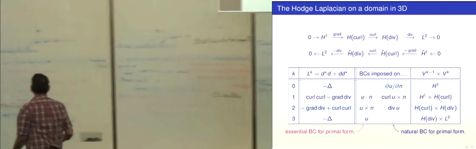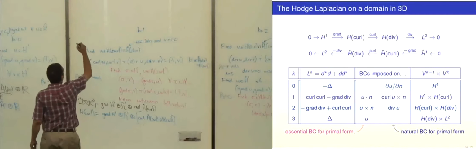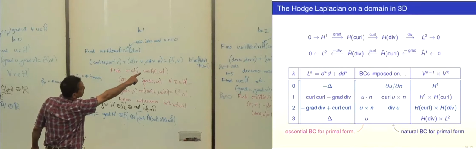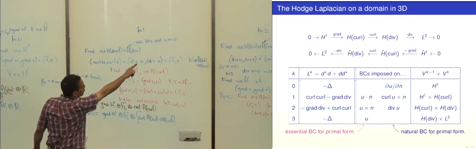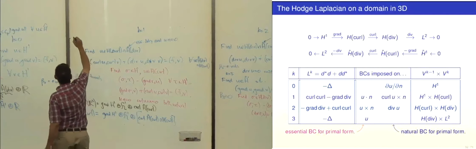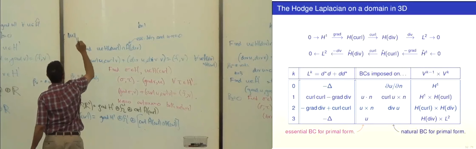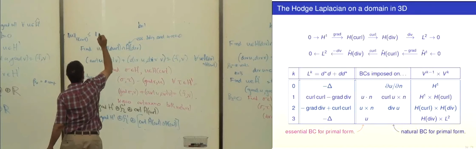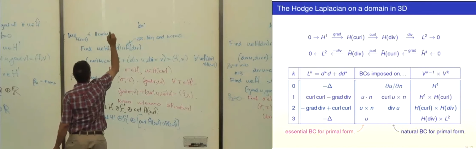The next one would say that we have U in H curl, and its H curl norm is bounded by just the curl part, just the top part of the curl norm.